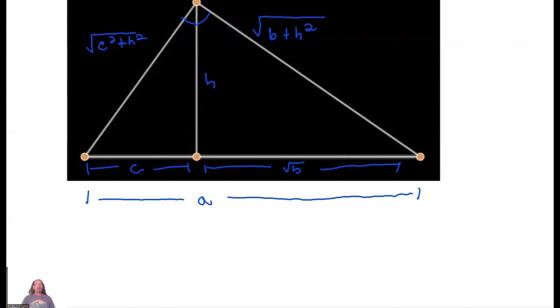We're going to solve for H. To do that, the square root of C squared plus H squared, squared, plus the square root of the quantity B plus H squared, squared, should equal the sum of C plus the square root of B, all of that quantity squared.